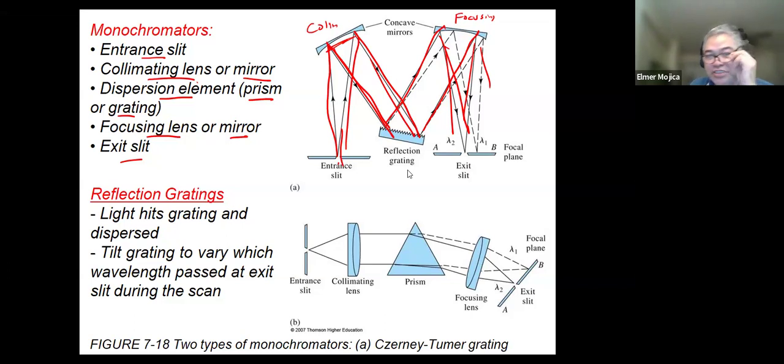Based on the diffraction, it goes to the focusing mirror or lens, which focuses the dispersed light onto the exit slit. This ensures that only the selected wavelength or narrow band of wavelengths reaches the detector. So that's how the Czerny-Turner grating monochromator works.